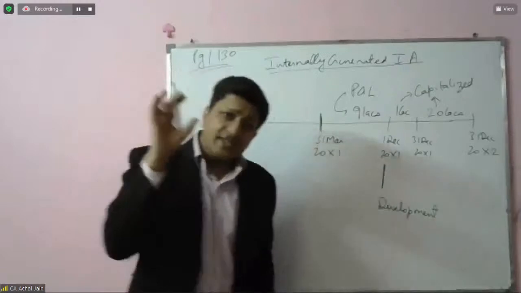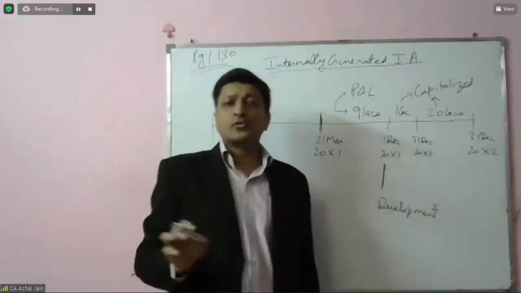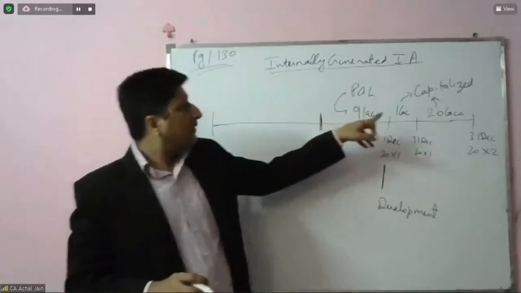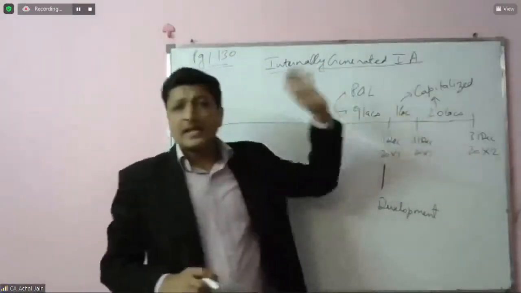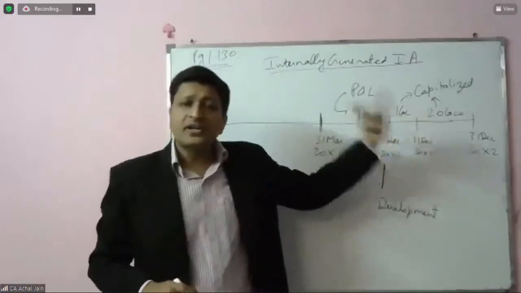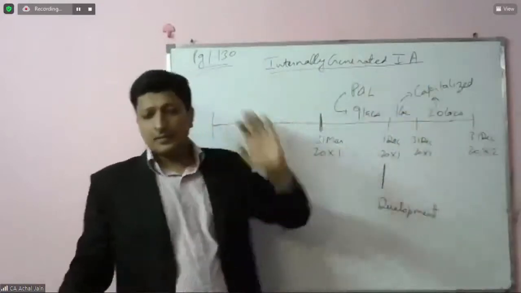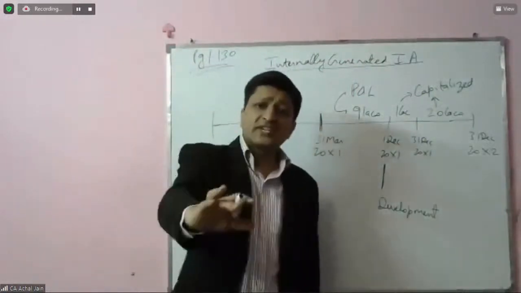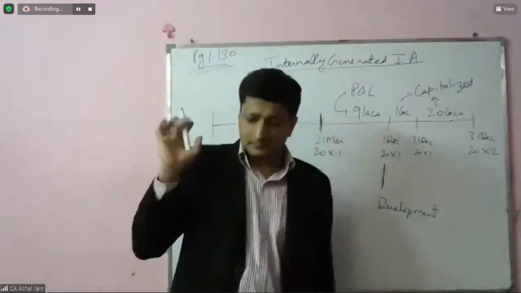As far as AS 26 is concerned, what do you need to know? 9 lakh will be charged off, 1 lakh will be capitalized, and 20 lakhs will be capitalized. And these two amounts, 21 lakhs, need to be capitalized. So the discussion in relation to AS 26 gets over here.